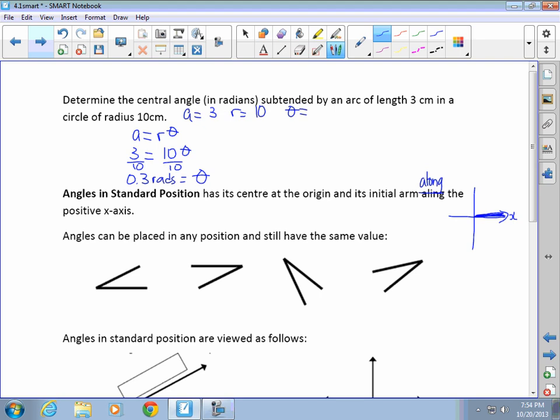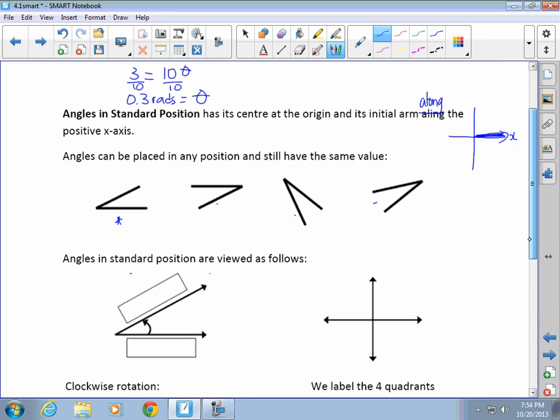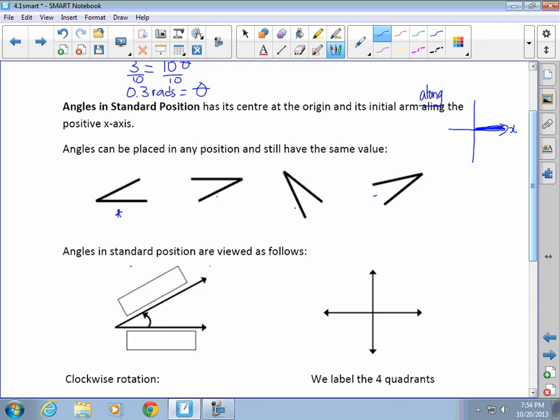So it says angles can be placed in any position and still have the same value. So this angle here has the same measurement as all four of these, even though they're turned in different directions. If they're in standard position though, they have to be in a certain spot.